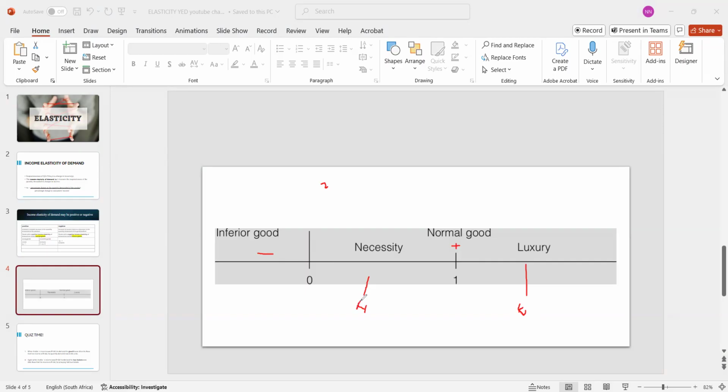As much as here we only focus on inelastic and elastic, I just want to write them all. Perfectly inelastic. Then at one, we have unit, I'm just going to write U, and then infinity here, we have perfectly elastic.